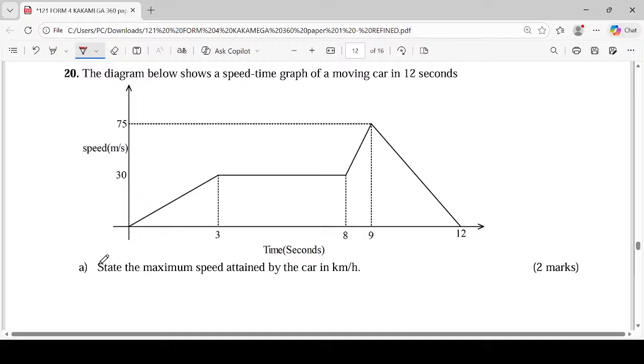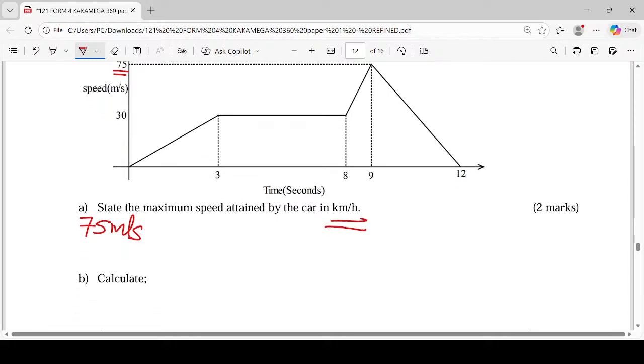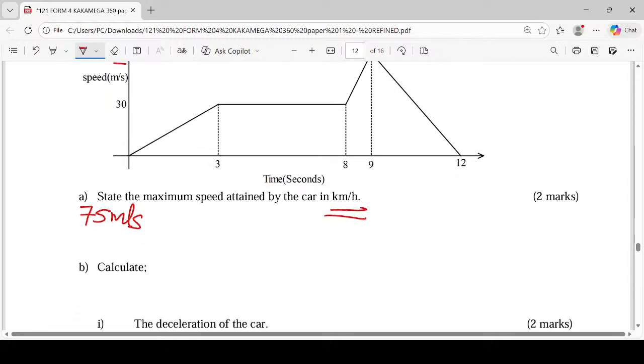State the maximum speed attained by the car in kilometers per hour. When you look at the maximum speed attained, it is 75. So it is 75, but that 75 is in meters per second, but the question now wants the answer in kilometers per hour.